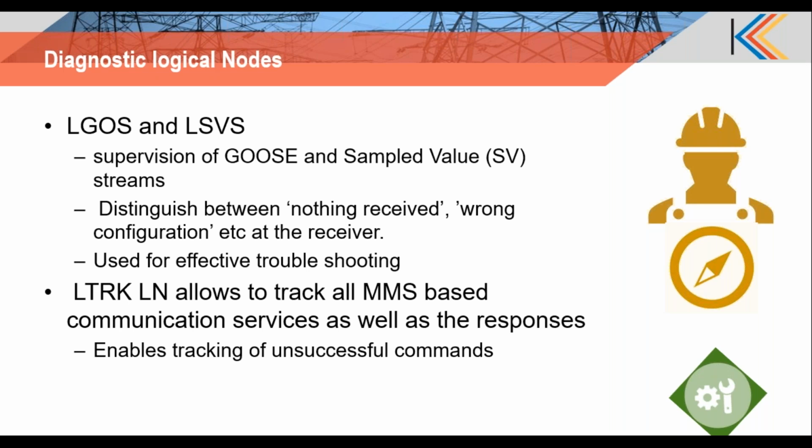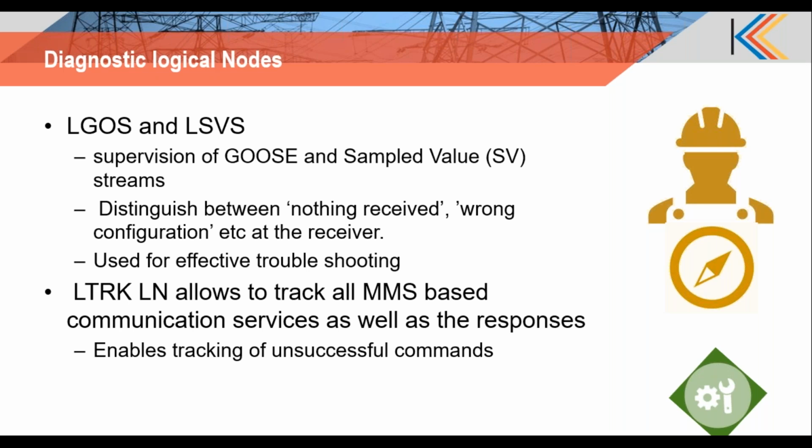external client can distinguish between a state where the control block is not receiving anything and a condition where there is a wrong configuration inhibiting the subscriber from receiving the correct Goose message. That means there can be a configuration mismatch between the publisher and the subscriber, or the configuration revision of the publisher might have increased and not been updated in the subscriber.